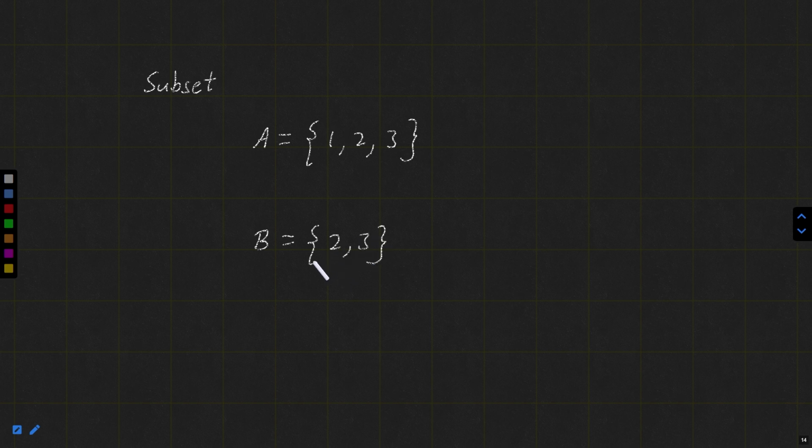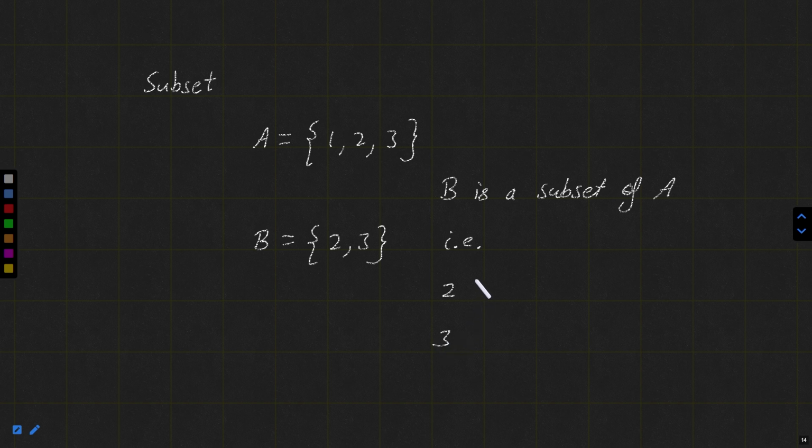Now if I say that B is a subset of A, that means the elements in B must be inside the set A. What are the elements of B? They are 2 and 3.